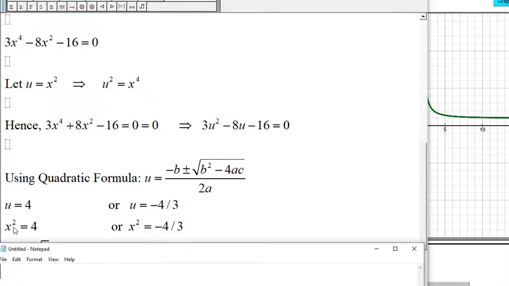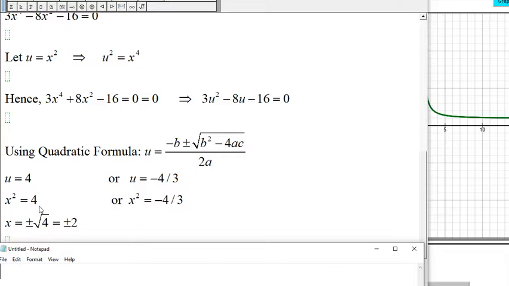Which means that x squared is equal to 4, or x squared is equal to negative 4/3. But this is something squared, so it has to be positive. So x squared cannot be negative 4/3. Therefore, x squared is equal to 4, and if we take the square root of both sides, we get x to be plus or minus 2.